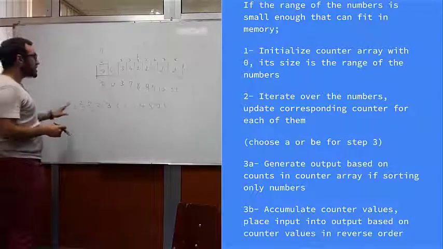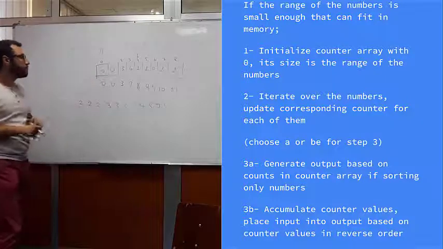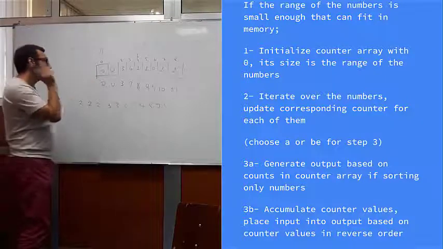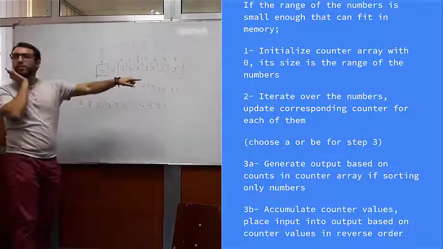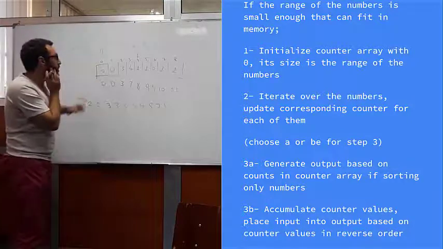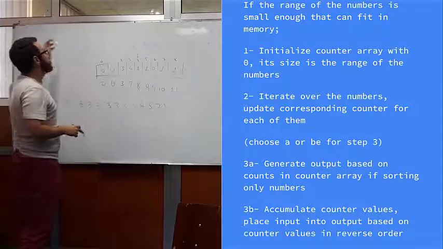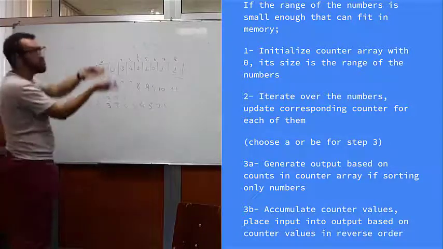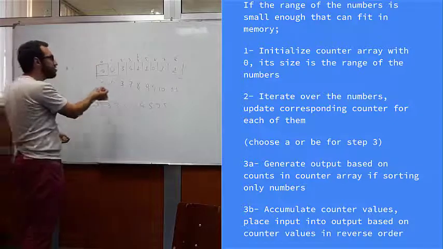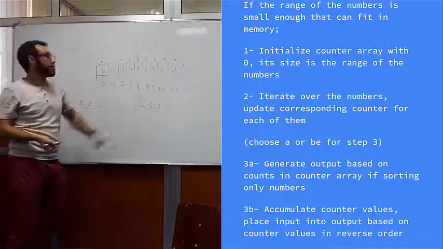So, let's see how we can go from this to this. Right now, after generating the accumulated array, we start iterating over our input. But we don't have to do it from beginning to the end. We can start from the end, because right now we keep track of the end position of each element in the accumulated array.